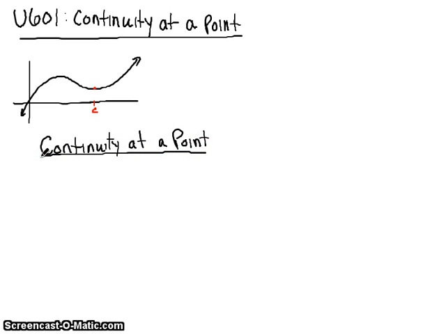A graph is continuous at point C if the following thing is true.